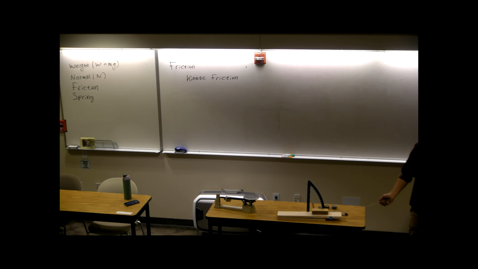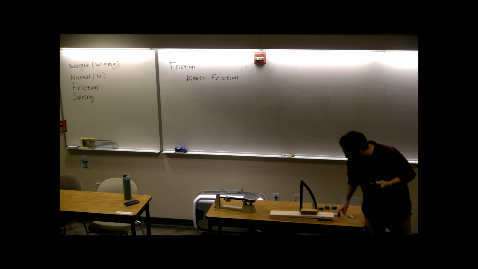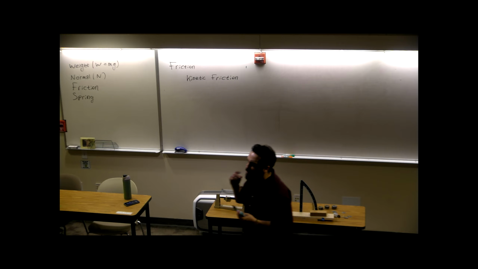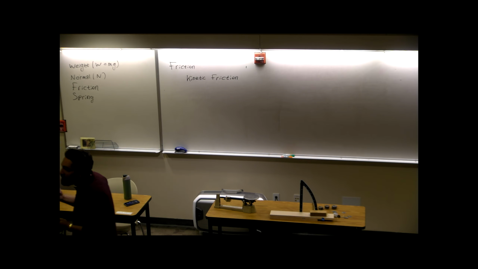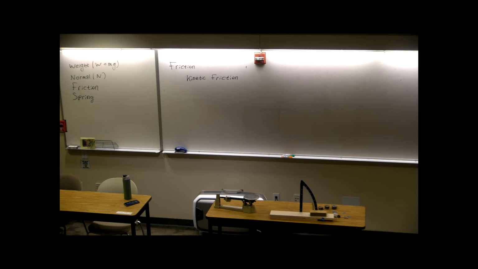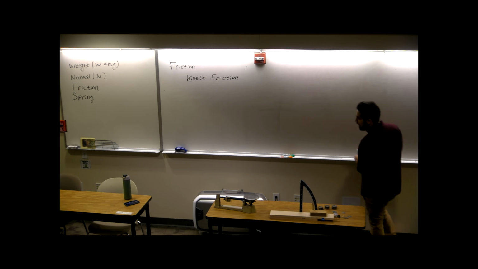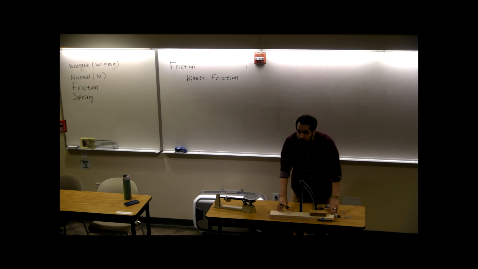You guys hear that grinding noise? Very slight, it's probably hard to hear. I push down on it. That sliding sound is coming from the resistance that is caused by that frictional force of the sliding object going across the surface. So we have this frictional force that is caused on this sliding surface.